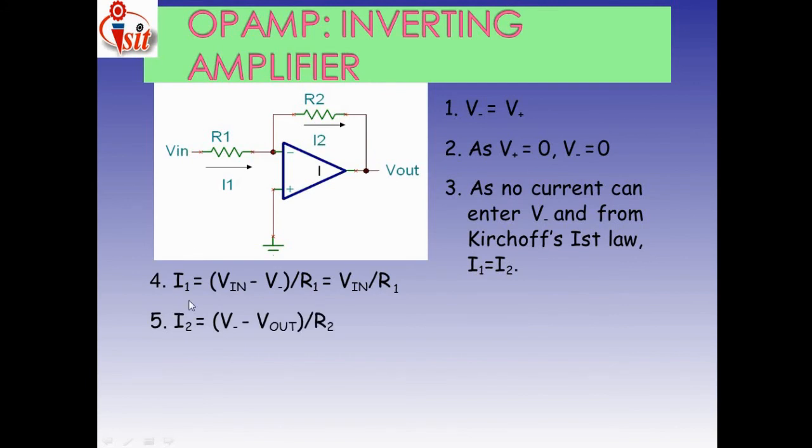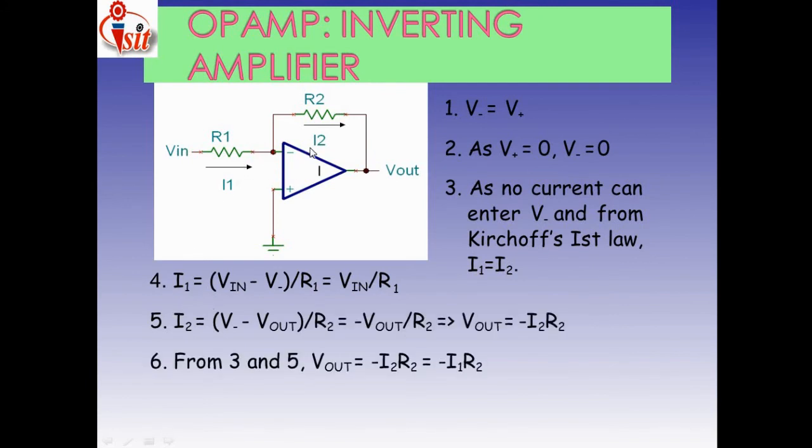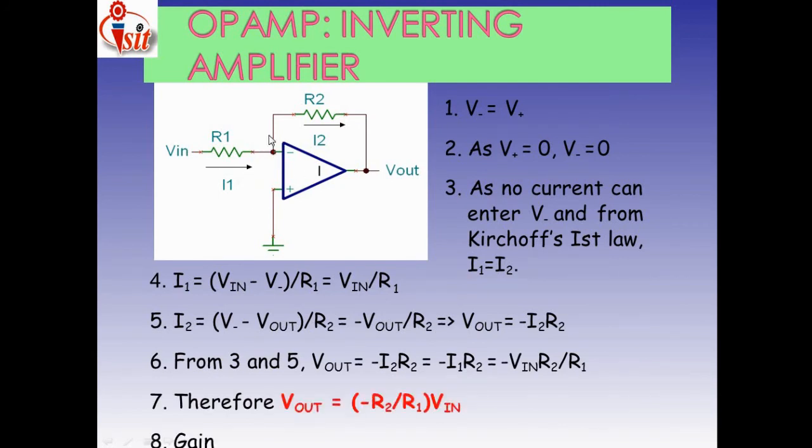Then the first step says that I1 is equal to the voltage across R1 divided by the resistance. Across R1 we get the voltage, that is Vin minus V-, divided by the resistance R1, which is equal to Vin, whatever the input voltage applied, divided by the resistor value R1.